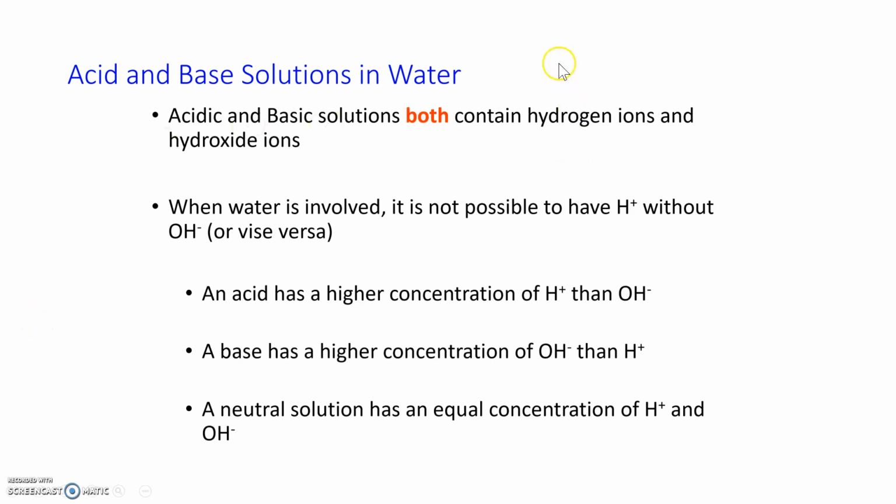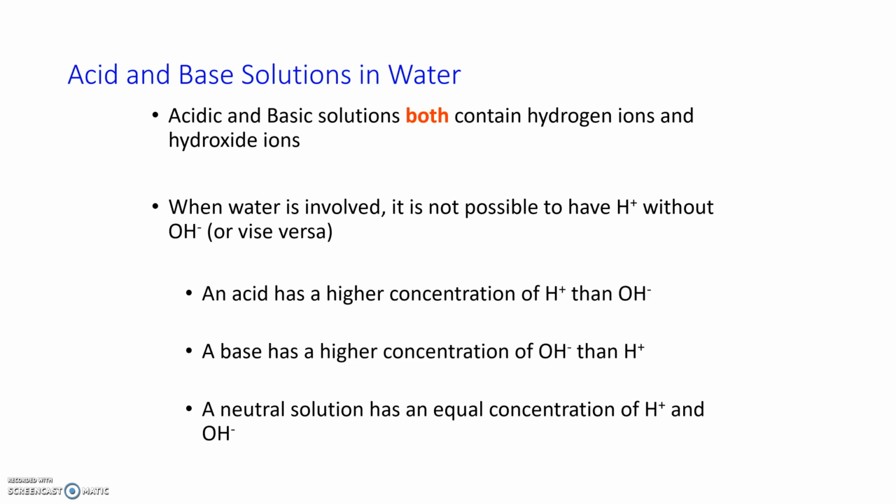In the previous lecture, we defined an acid as a compound that produces H plus, or the hydrogen ion, in water, and a base is a solution that produces the hydroxide ion, that OH minus.